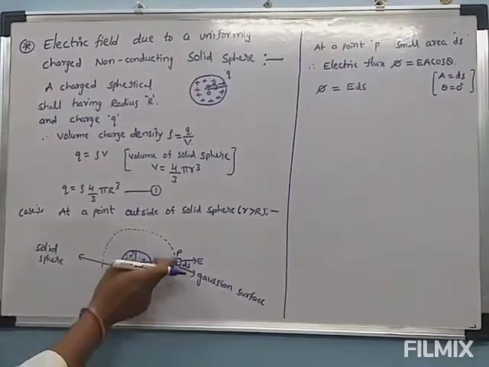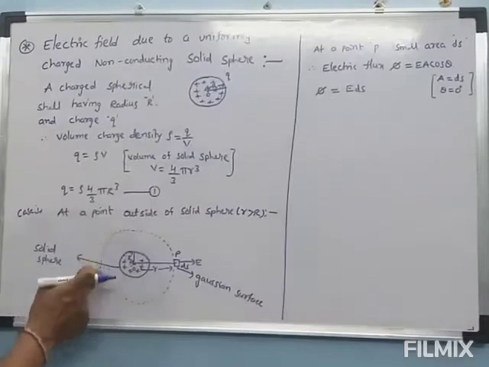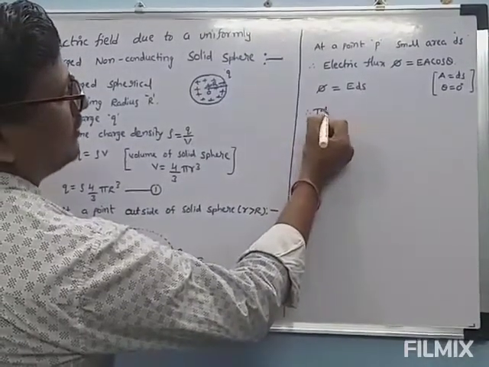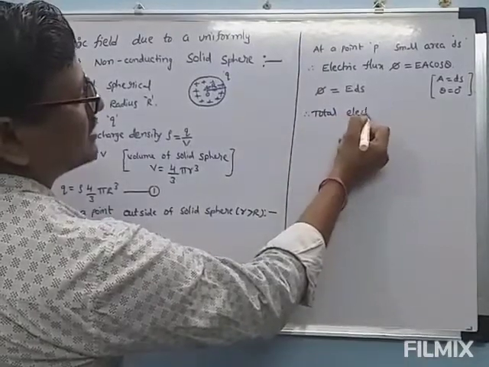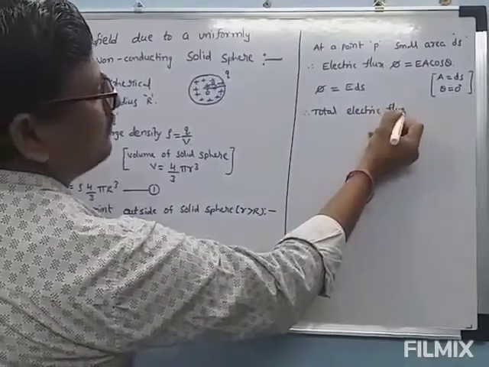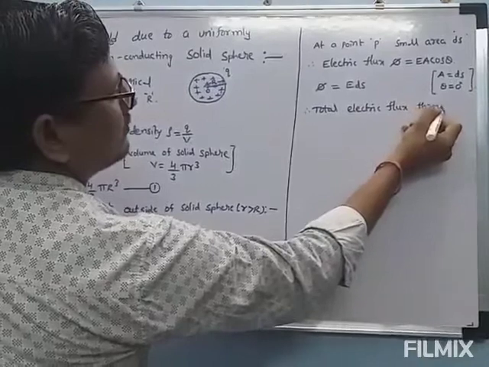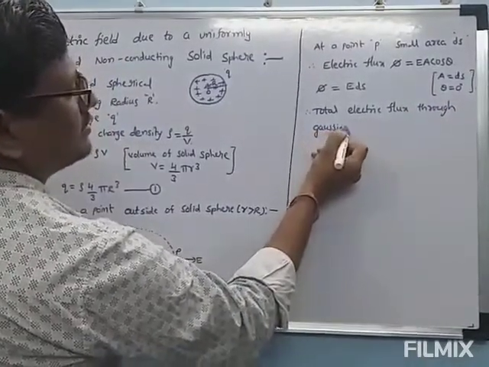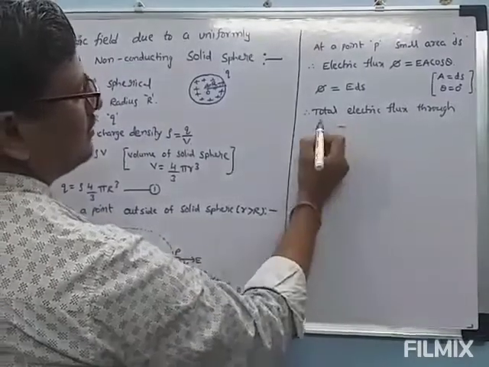But we want the total electric flux through the Gaussian surface.